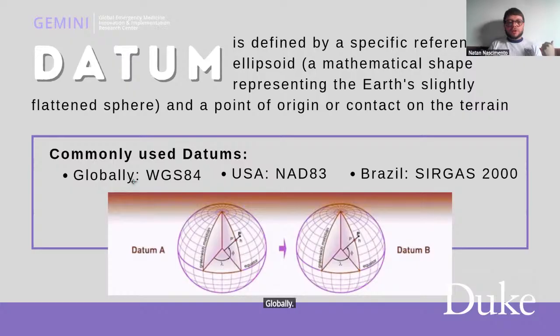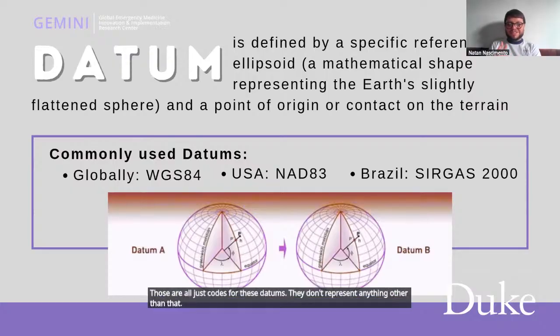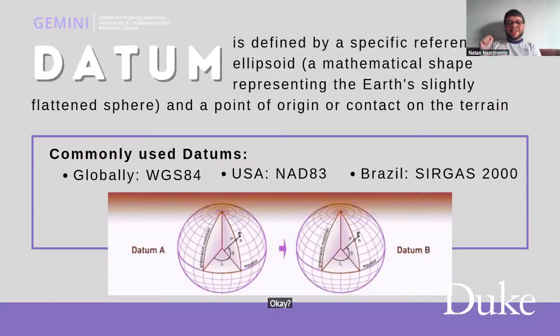So we have some standard datums. Globally, we'll go for WGS 84. For the USA, we have NAD 83, and for Brazil, we have SIRGAS 2000. Those are all just codes for these datums. They don't represent anything other than that.